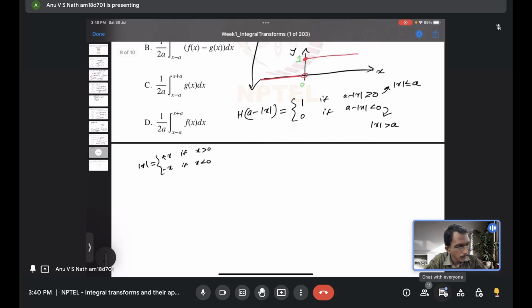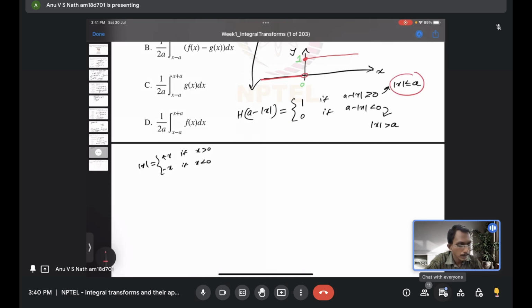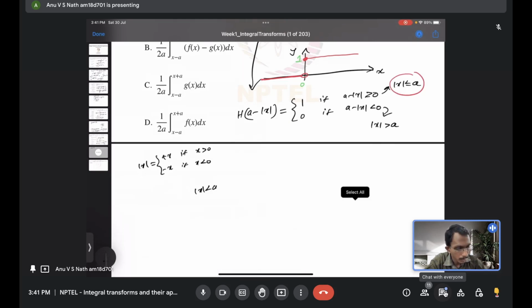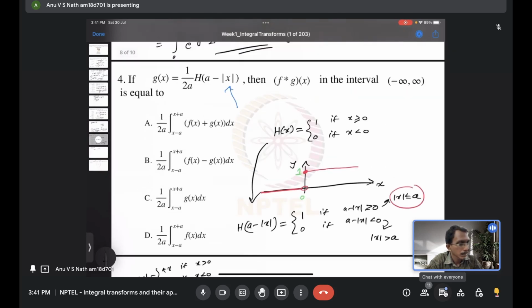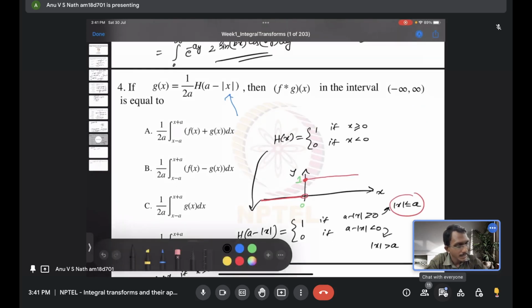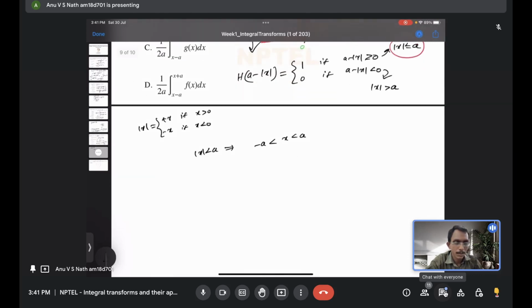So we have this first region, mod x is less than a. What that means is that x lies in the interval minus a to plus a, for any a greater than 0. It's not given in the question, but assume that a is a positive quantity.